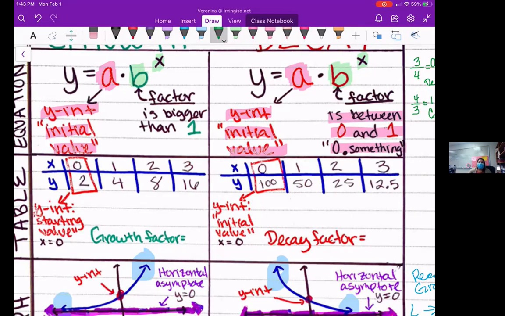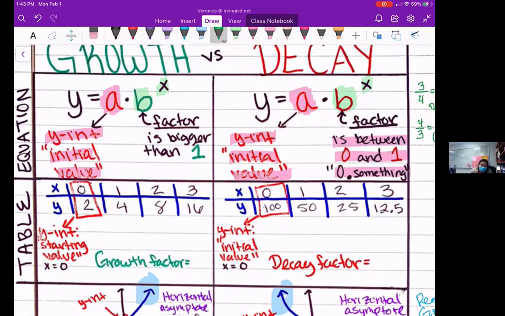Now, to find your factor from a table, because we know that exponential functions are multiplying, right? Then to find your growth and decay factor, you just need to do the inverse of that, which is divide. So you're always going to choose a number and divide by the one before it. So we have 4 divided by 2.